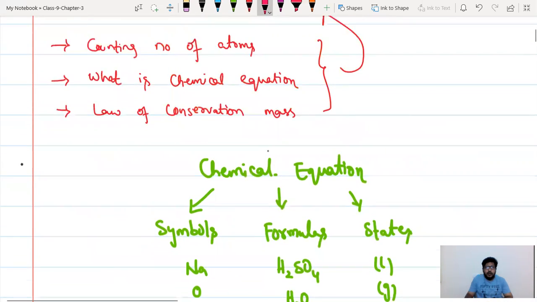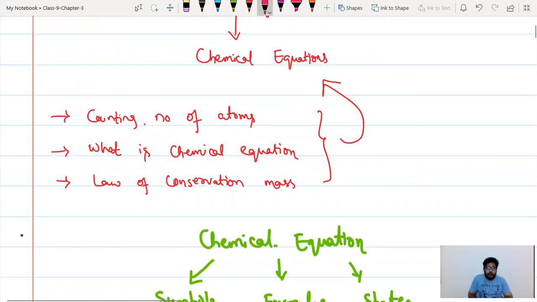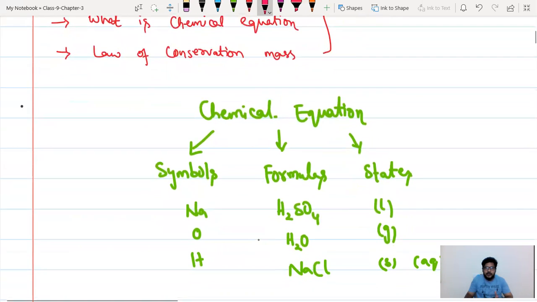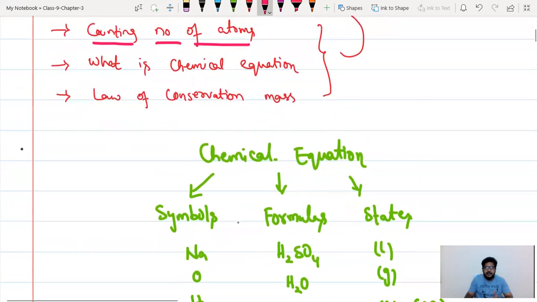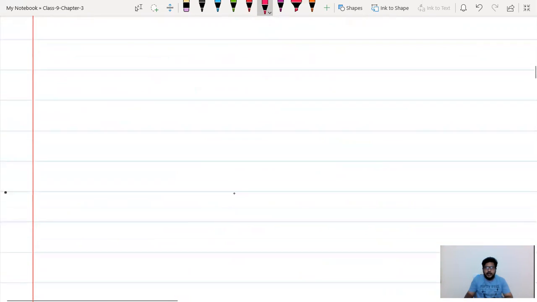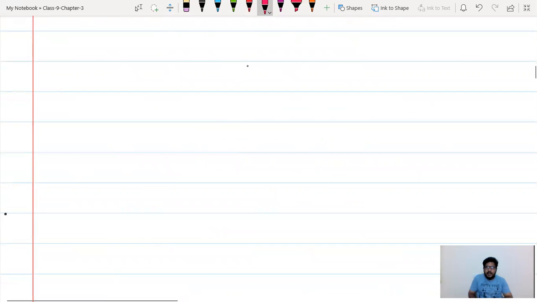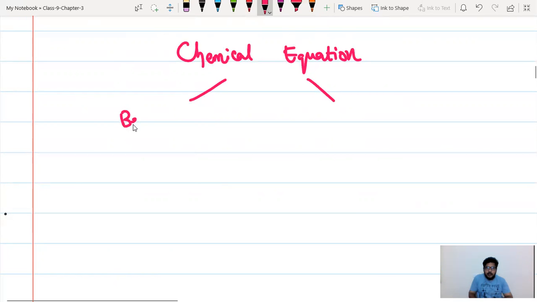Now, once again, what we are going to learn in this video: counting number of atoms, and we'll learn what is chemical equation. So chemical equation is a symbolic representation of symbols, formulas and states. And chemical equation has two parts. First part is before reaction part.